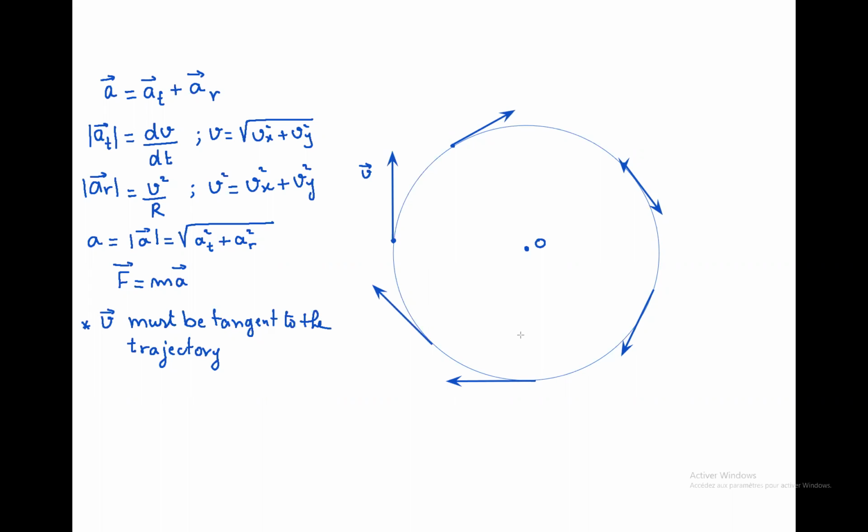Okay, let's talk only now about the point A. This is the point A. Now I want to draw the unit vectors.